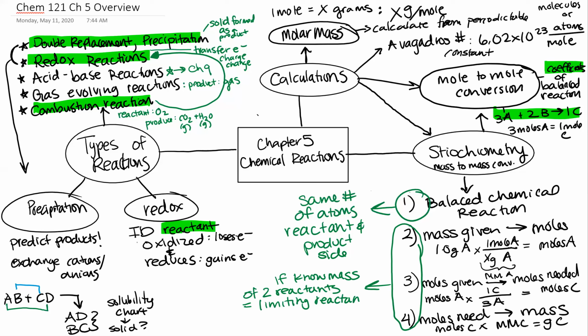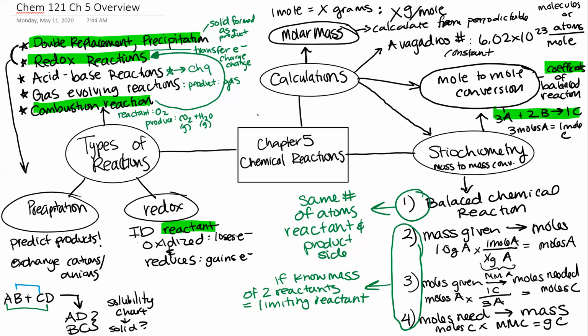We have to find out which of these reactants we have the least amount of. We can't directly compare their masses because they have different molar masses, and we can't directly compare their moles typically because they'll have a different mole ratio that's used to form the product.